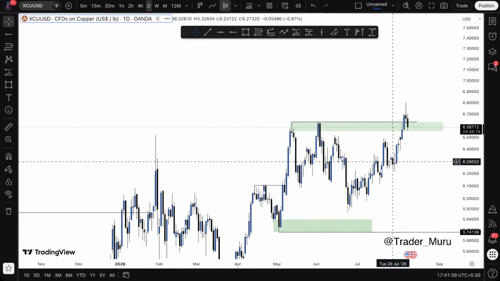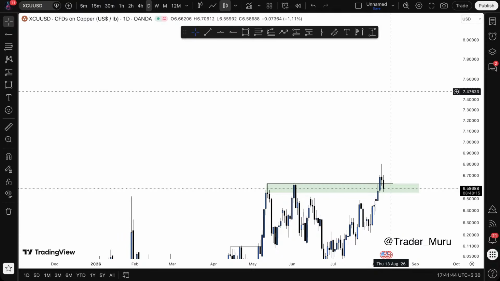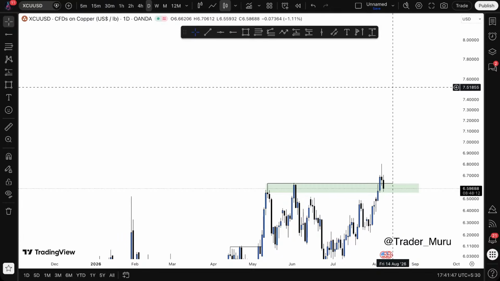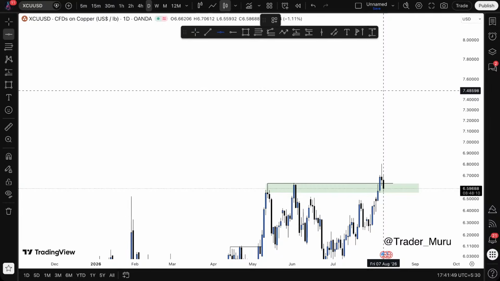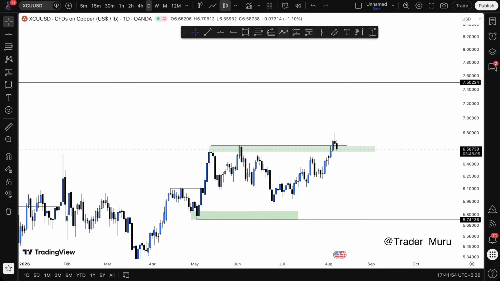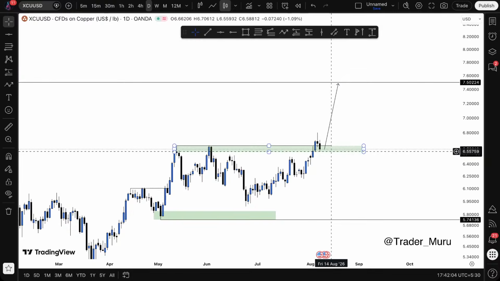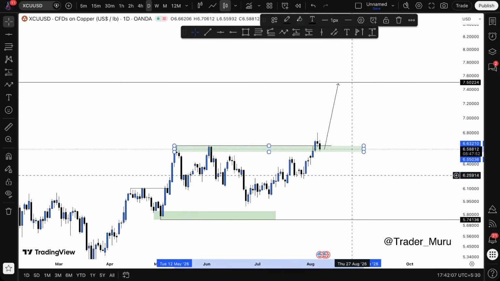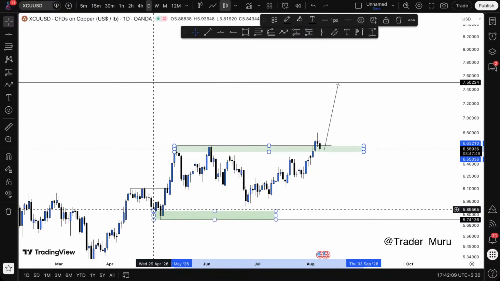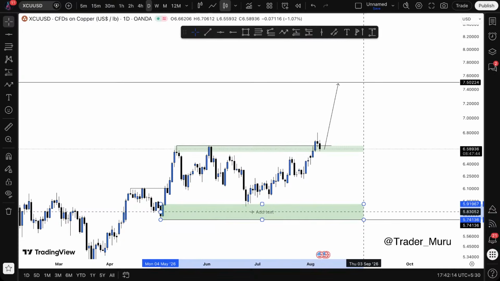If price holds this area, your next target will be 7.5. And if you get today's candle closing below this low, this green zone, price will start dropping and test this area again, this green zone.